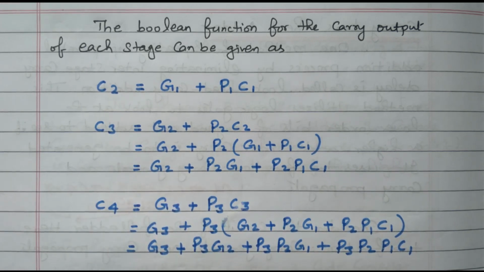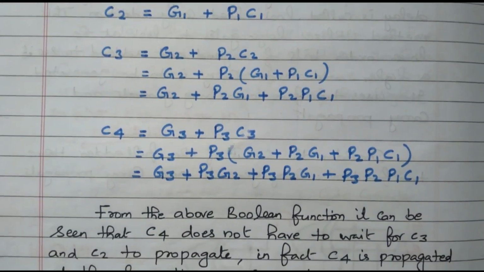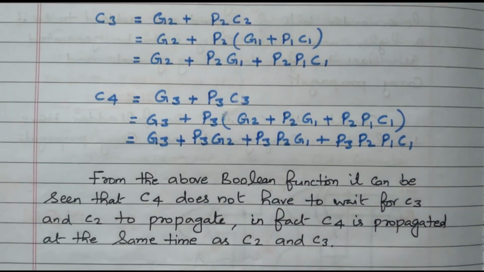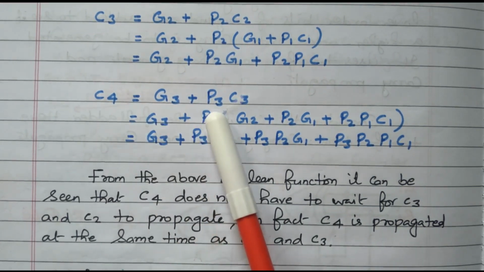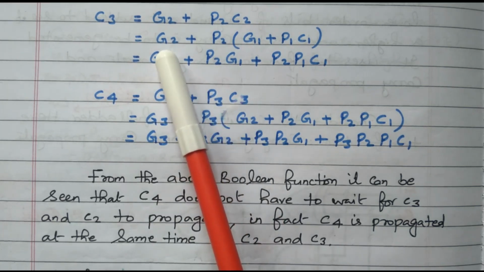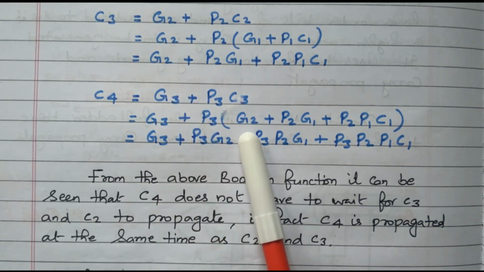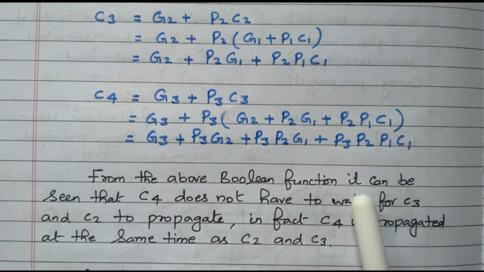Then we will go to the C4. C4 equal to G3 plus P3 C3. Now, we substitute C3 from the previous stage. C3 is nothing but G2 plus P2 G1 plus P2 P1 C1.